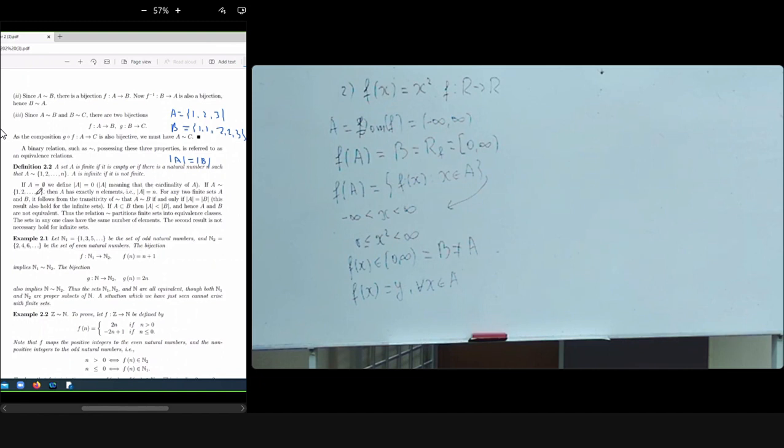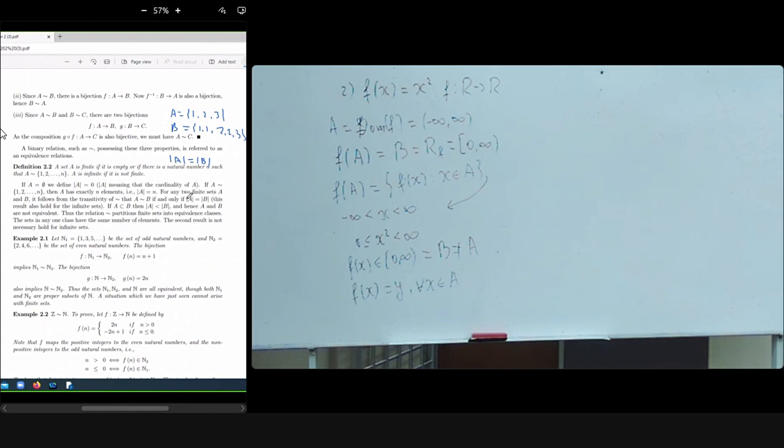Meaning that the cardinality of A, if A is equivalent to {1, 2, 3, ..., n}, then A has exactly n elements. The cardinality is equal to n. You see, set A is not exactly equal to {1, 2, 3, ..., n}, but equivalent. For the equivalence, we should have bijective functions.